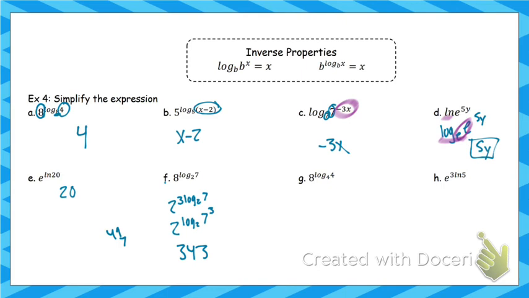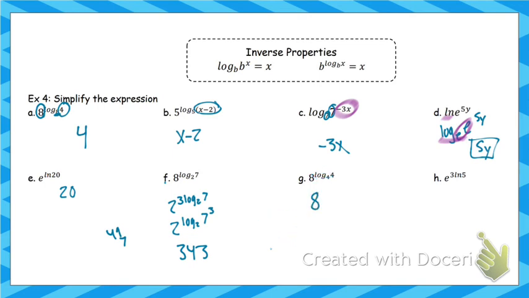All right, the next one's also a little tricky because you can't really rewrite 8 as 4 to the something power. But on this one, if you look at the exponent, it's log base 4 of 4. We know what log base 4 of 4 is. If I just work that out on its own, 4 to the x equals 4, log base 4 of 4 is the same thing as 1.